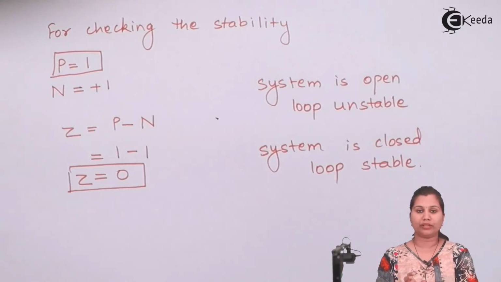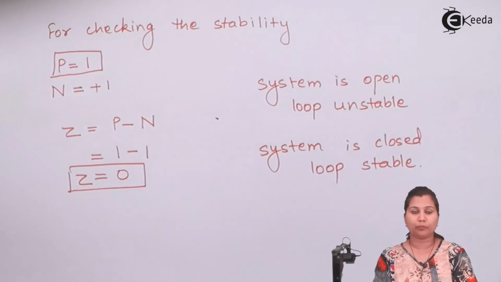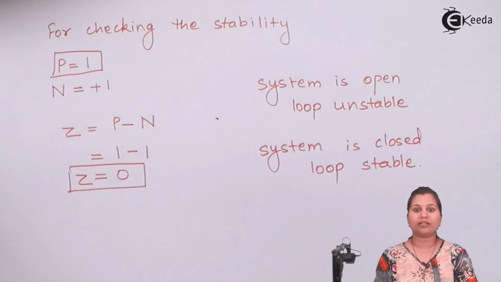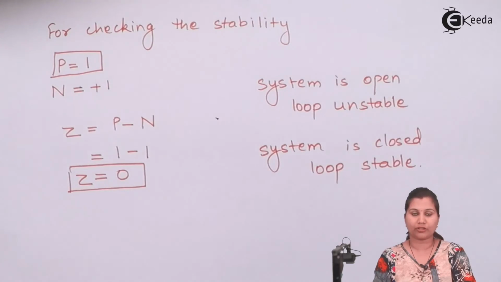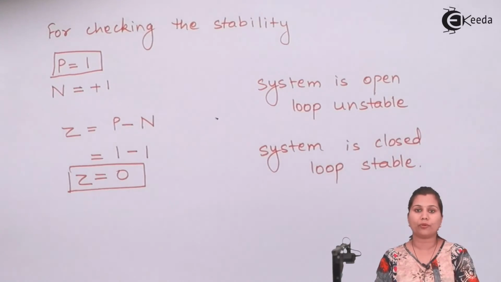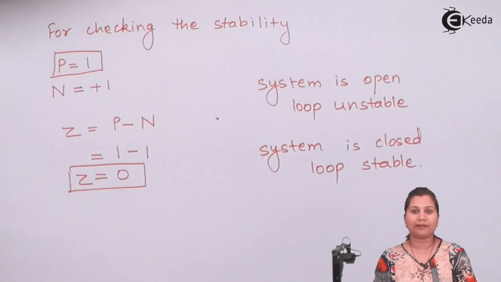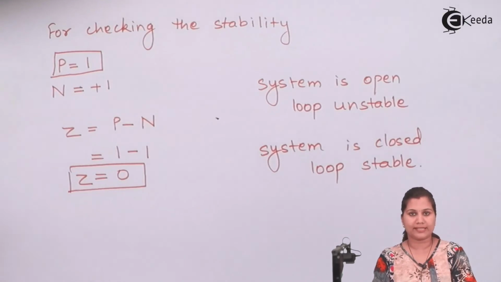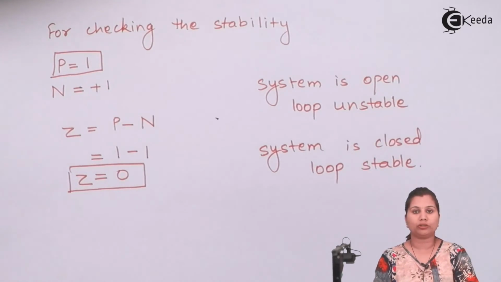What we have to do first, we will obtain the transfer function in the frequency domain, that is G(j omega) and H(j omega). Then we will calculate the magnitude and phase angle of the transfer function for different values of omega. Then we are going to draw the polar plot, that is the plot of the magnitude and the phase angle.